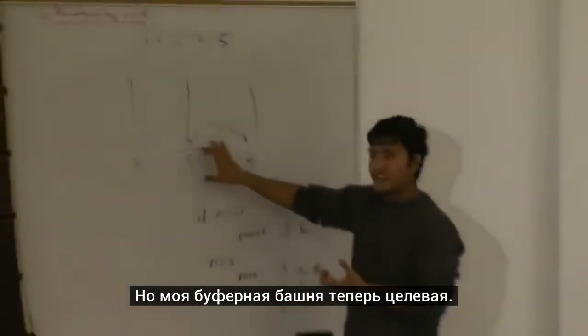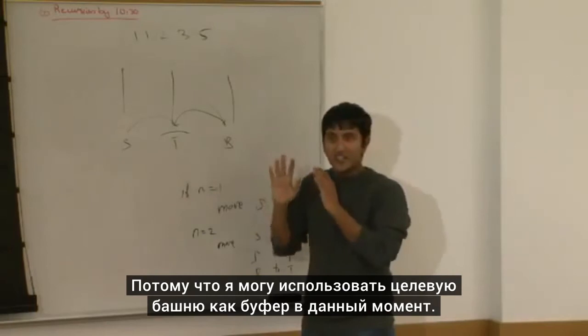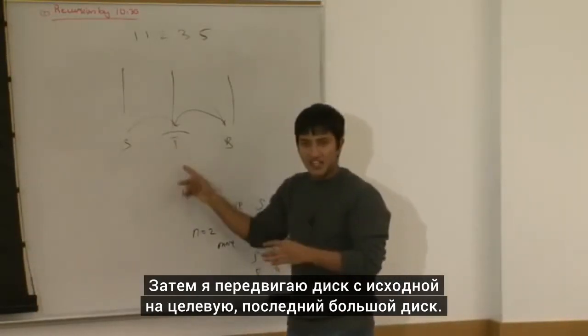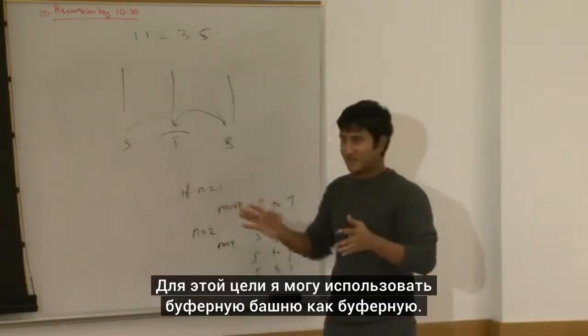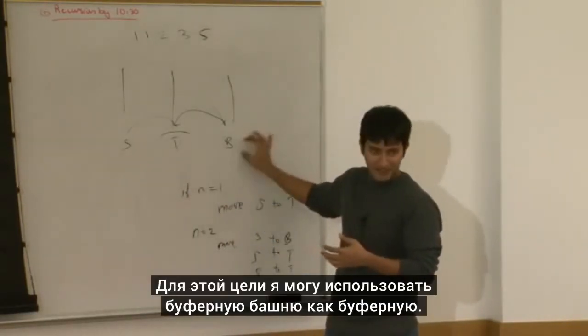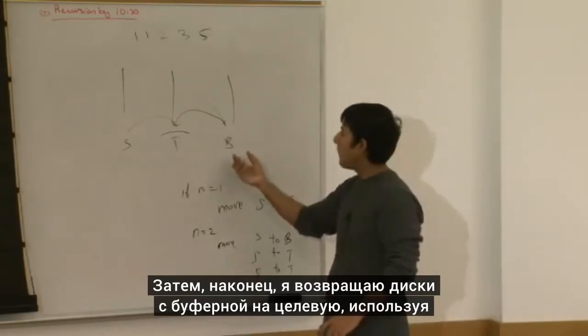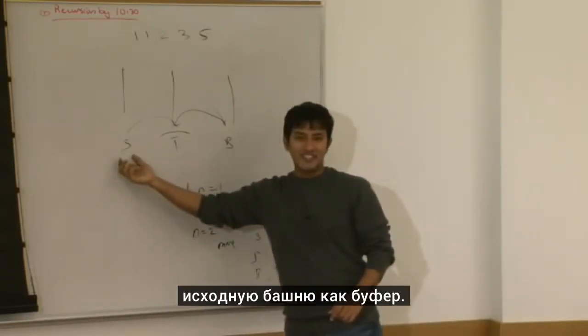But my buffer is now the target, because I can use the target as buffer for the movement. Then I moved from source to target, the last big disk. For that, I can use buffer as my buffer. Then finally, I bring back from buffer to target using source as my buffer.